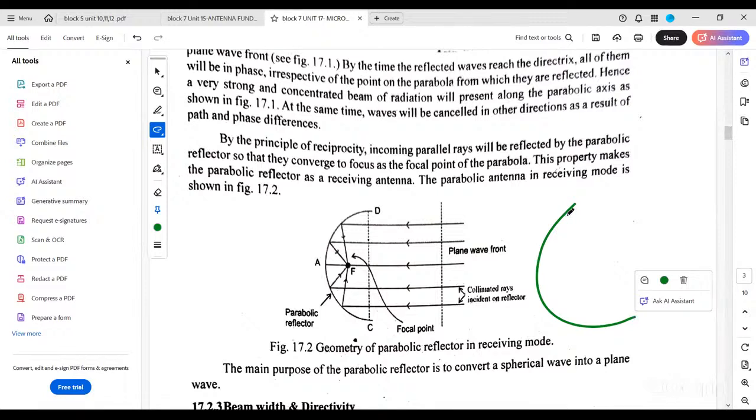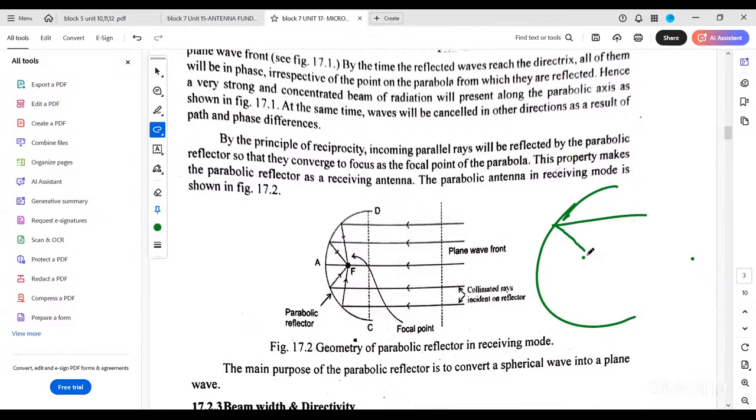A ray is coming from outside and touching the focal point. Another ray comes to the dish and touches the focal point, and another, and another. So this is for the receiver. This was the transmission part.